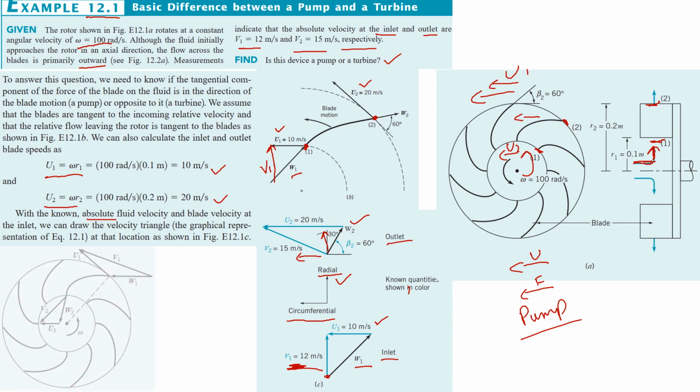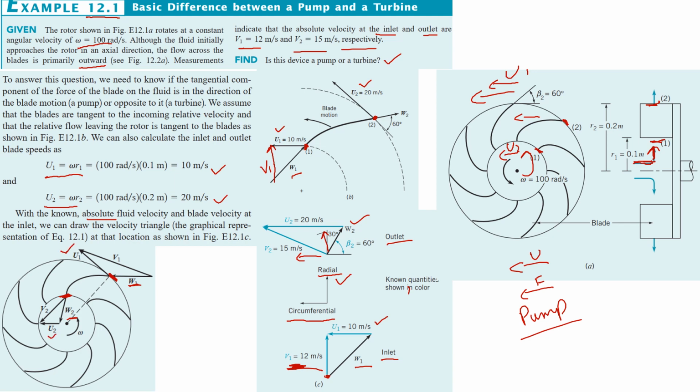In that case, this will be our assumption. We will have our inlet at the larger radius and the outlet at the smaller radius. Now you can see that with the same assumptions, the relative velocity is tangential at the inlet and the outlet, and the blade velocity is in this direction.